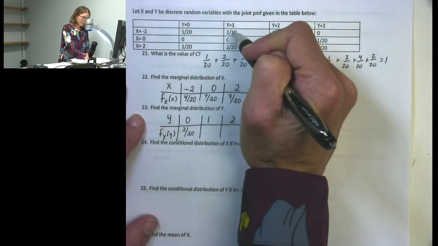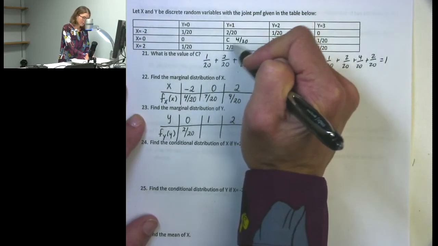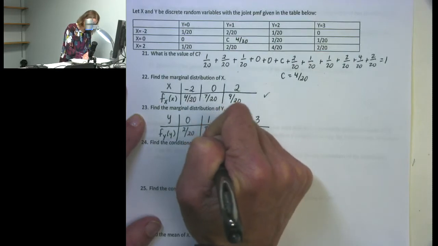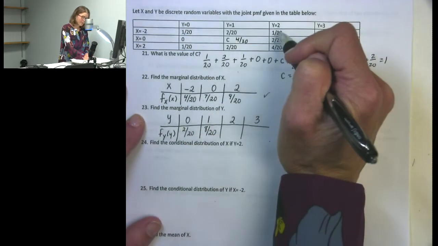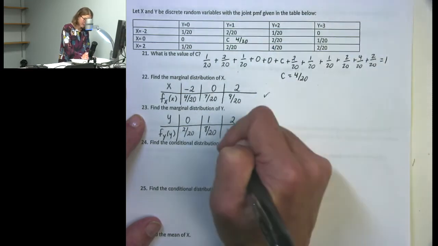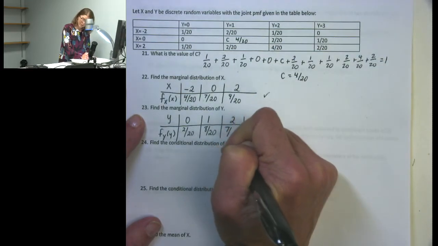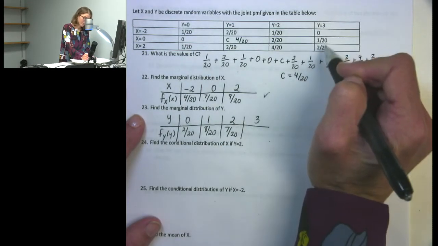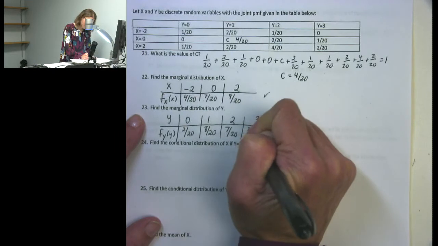The probability that y equals 1 is 2/20ths plus 4/20ths plus 2/20ths is 8/20ths. The probability that y equals 2 is 1/20th plus 2/20ths plus 4/20ths gives me 7/20ths. And the probability that y equals 3 is 1/20th plus 2/20ths is 3/20ths.